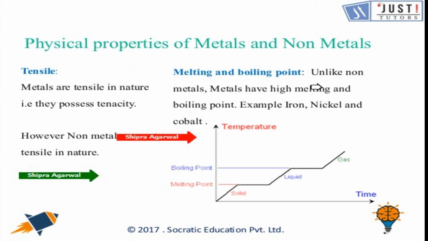Melting and boiling points are really high for metals like iron, nickel, and cobalt. As you can see here, in the solid form we have a lower melting point, while with gases it increases.